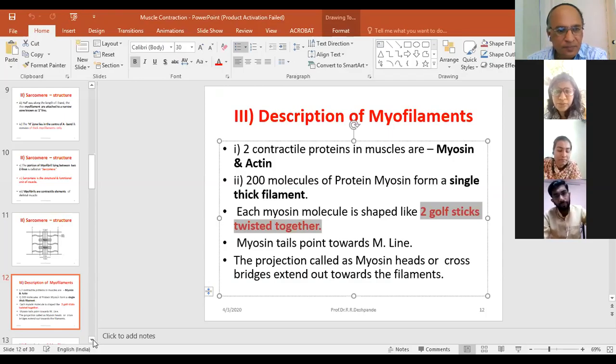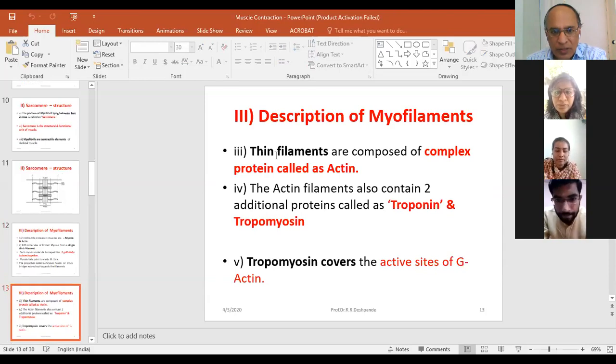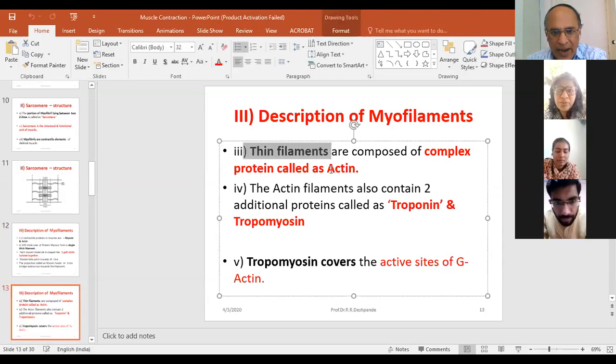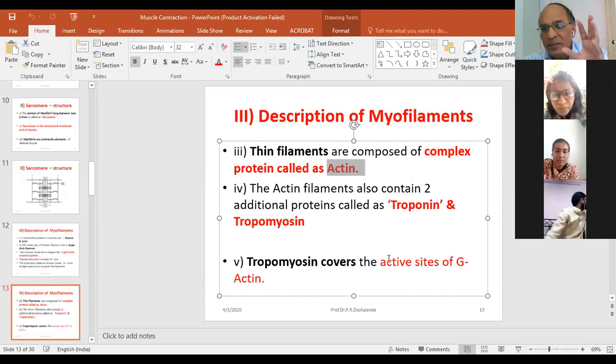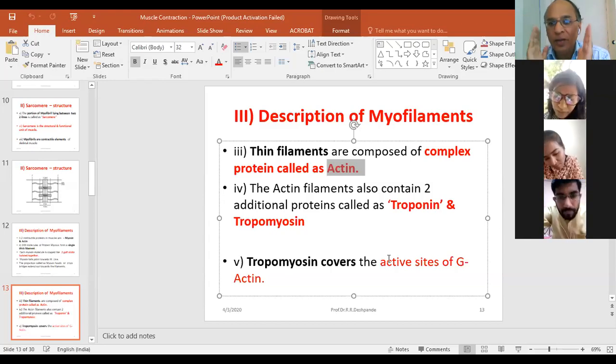Okay. Then next. Thin filaments are called actin. But actin is a more complicated protein. Remember, this is not written over here. Why complicated? Because it has additional proteins.